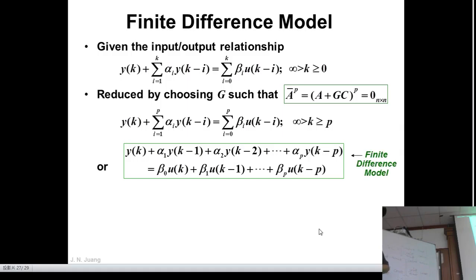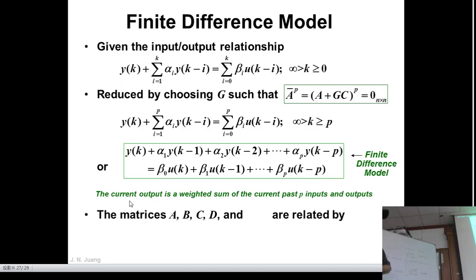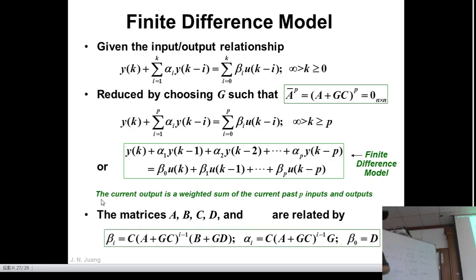So that's what we call the finite difference model. In plain English, that means the current output is a weighted sum.